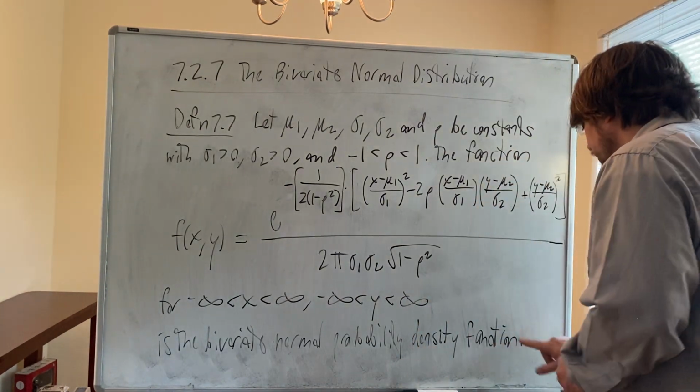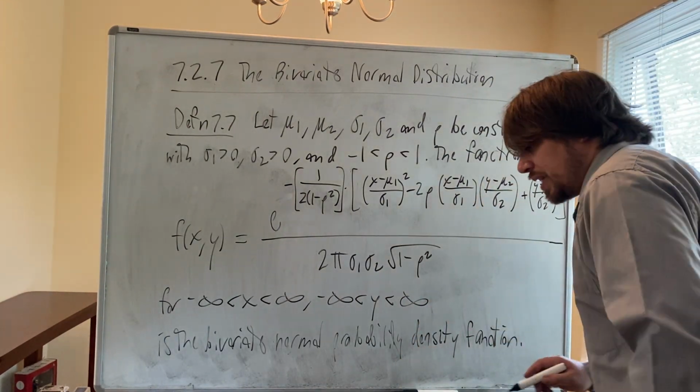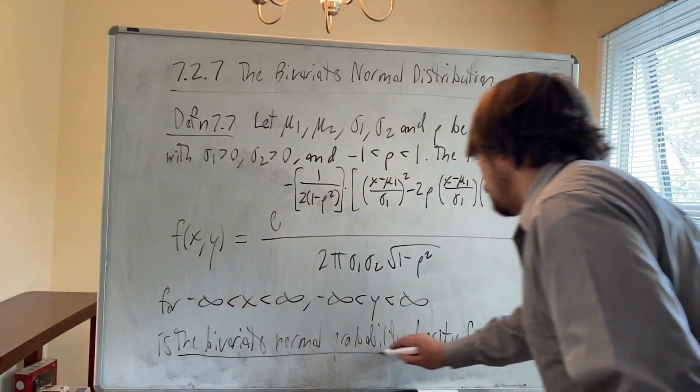Okay, and so that is the bivariate normal probability density function.